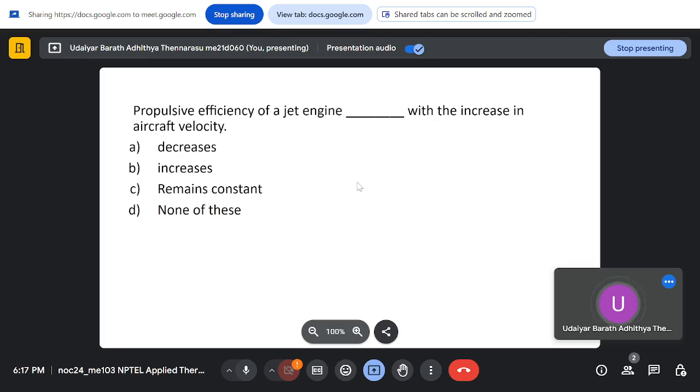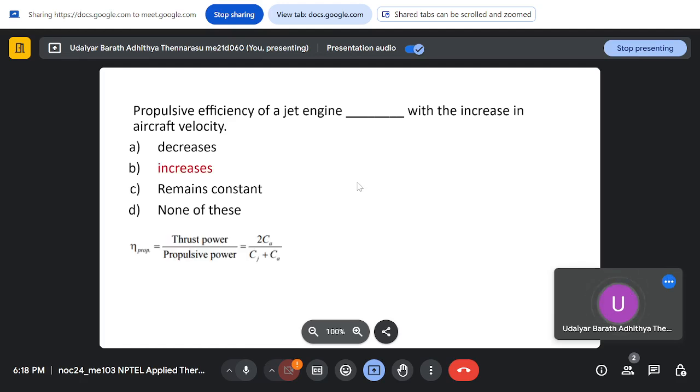So next is, propulsive efficiency of a jet engine dash with an increase in aircraft velocity. So answer is, A decreases, B increases, C remains constant, D none of these.